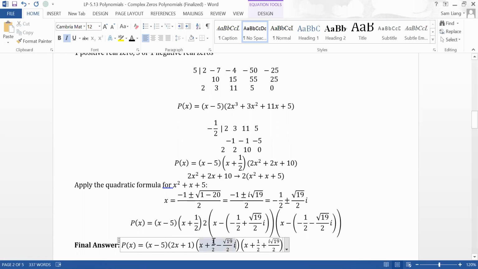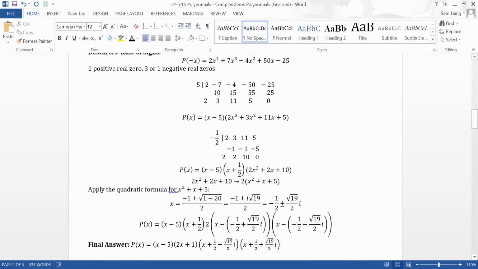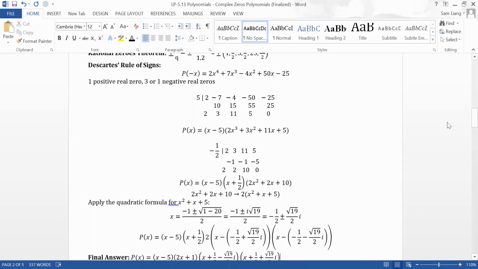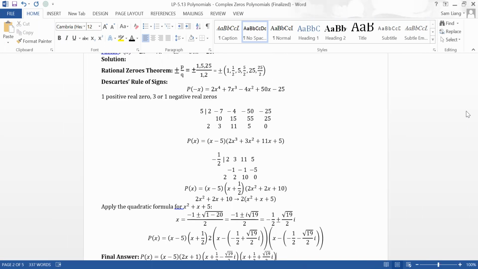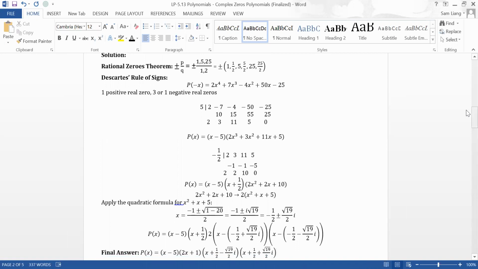So you get x plus 1 half minus root 19 over 2 i, and then x plus 1 half plus root 19 over 2 i. Okay, and that'll be your final answer for this question. All right. Scroll up a little bit. All right, but yeah, that was the solution to this.